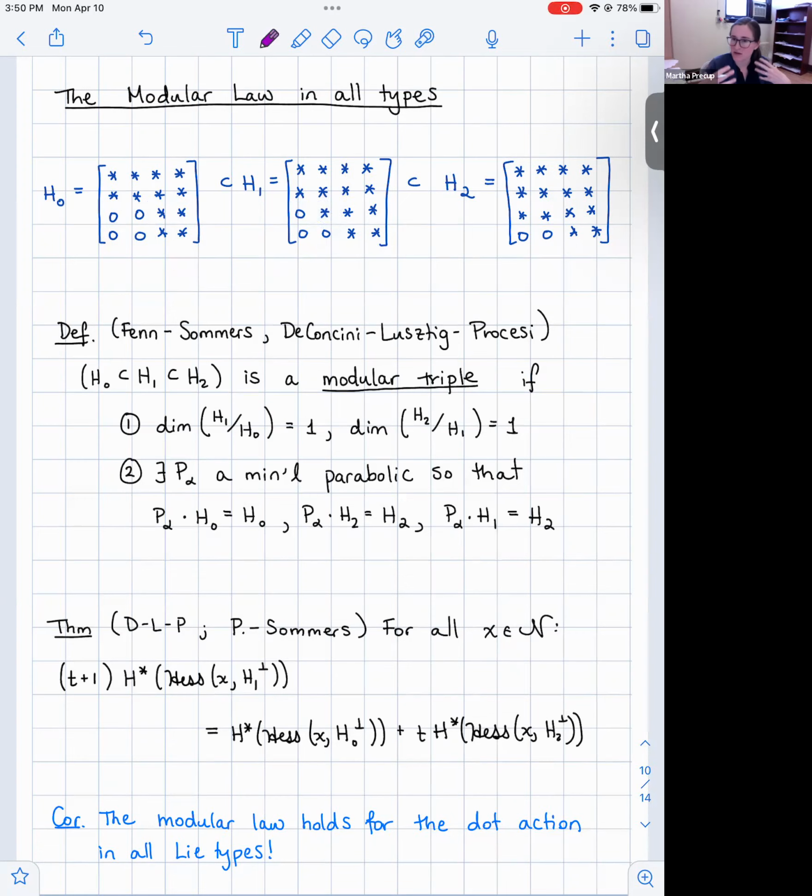Another important thing that you pick up as you start to look at these examples is that there's a lot of symmetry here in terms of permuting these Hessenberg spaces by elements of the Weyl group. So in particular, if you stare at these two end pieces, something you'll notice pretty quickly is that this is invariant under the simple reflection that swaps the first two rows and the first two columns.